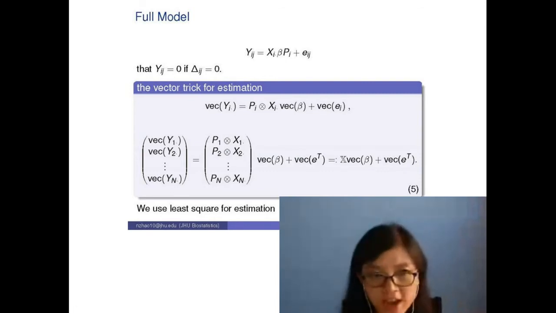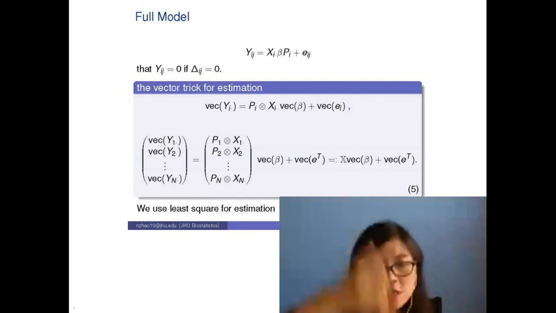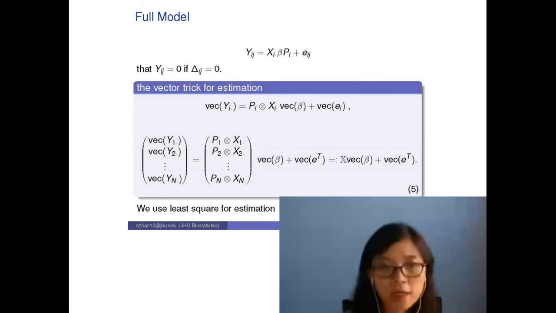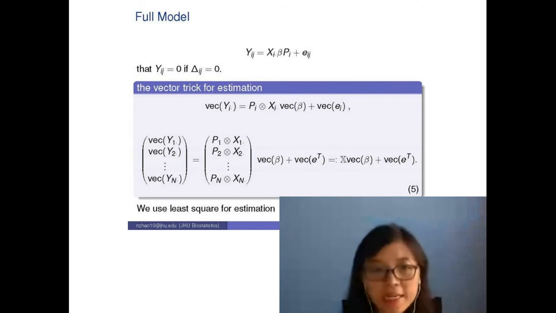We call this a vector trick for estimation, so that what we estimate is the vectorized beta matrix. Once we get the vectorized beta matrix, we can convert it back to the original beta in matrix form. There is some Kronecker product and some mathematical relationships that are needed, but those are not really important. The important thing is that by using this vector trick, we can run the estimation very simply using least squares.